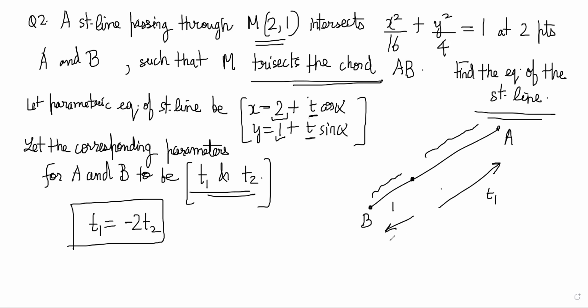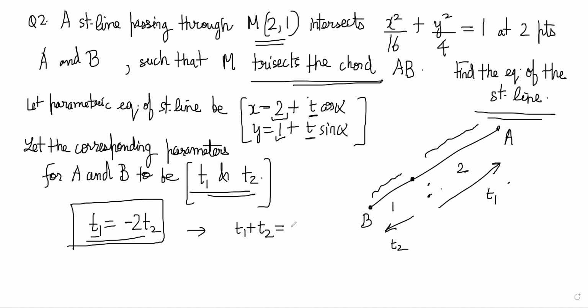This side is T1 and this side is T2, and this is the 1 is to 2 ratio. So then T1 will be equal to minus twice T2, right? Minus 2 T2. Correct.